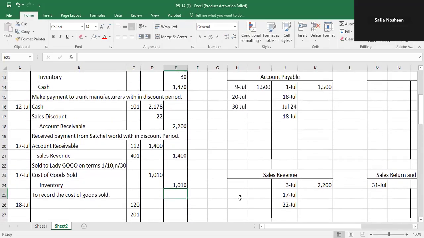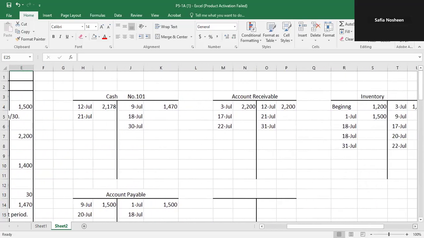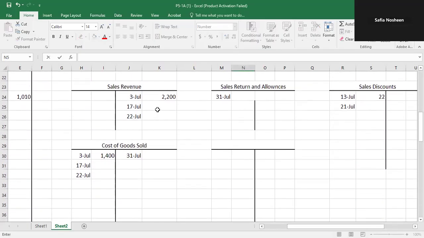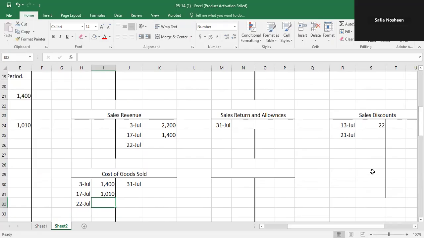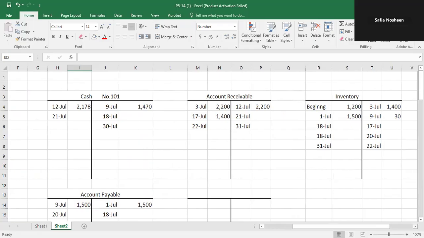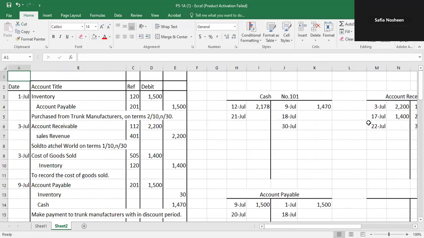Now let's post it. Accounts receivable is 1400. Sales revenue is 1400. Cost of goods sold is 1010. And inventory 1010. So we have posted.